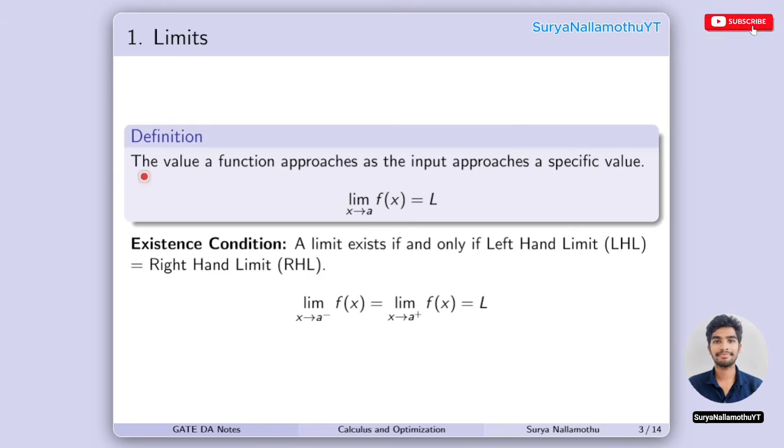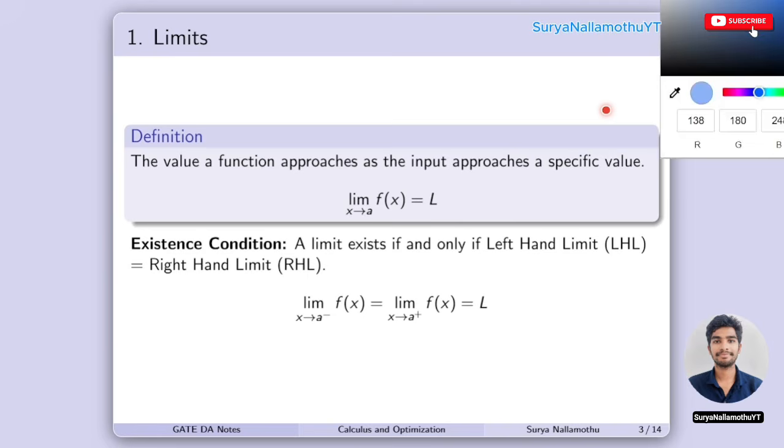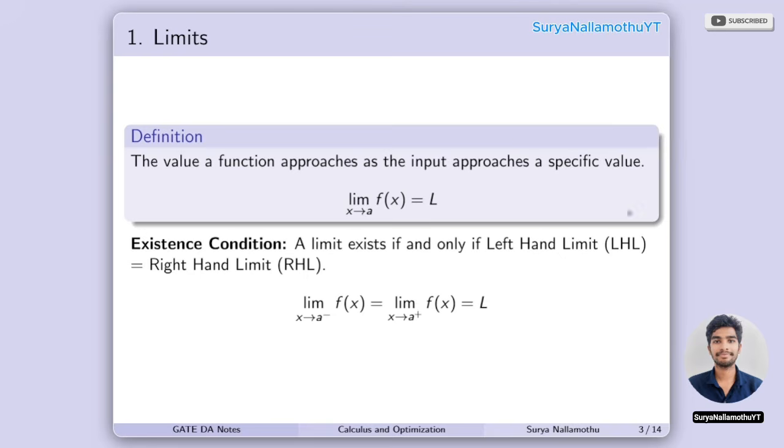This is the definition of a limit: the value a function approaches as the input approaches a specific value. The limit of f of x is equal to L. Existence condition: a limit exists if and only if the left hand limit is equal to the right hand limit.